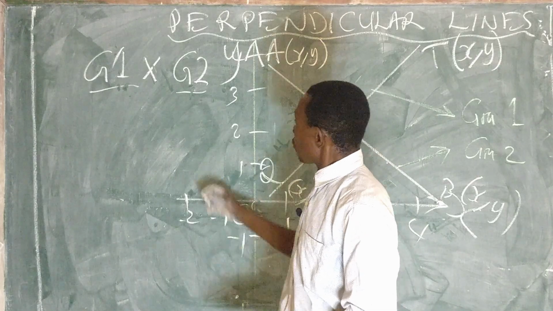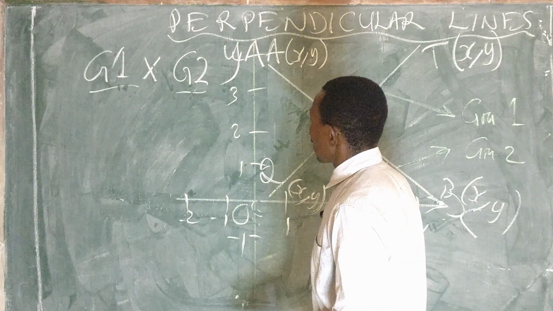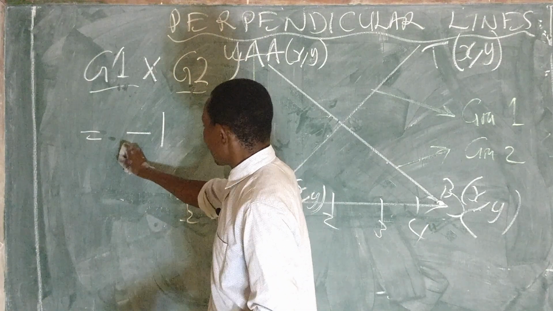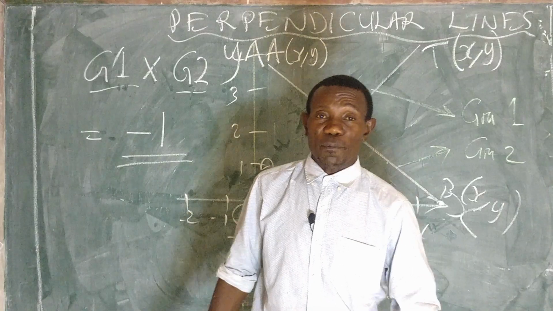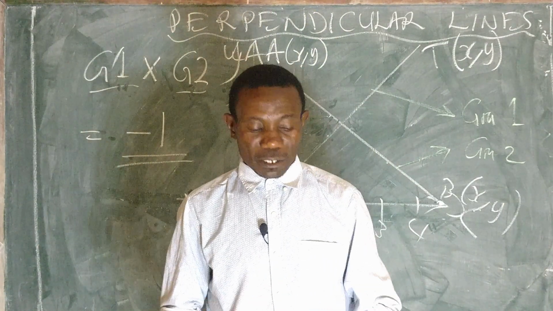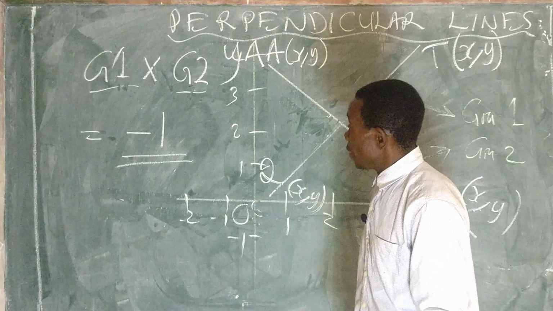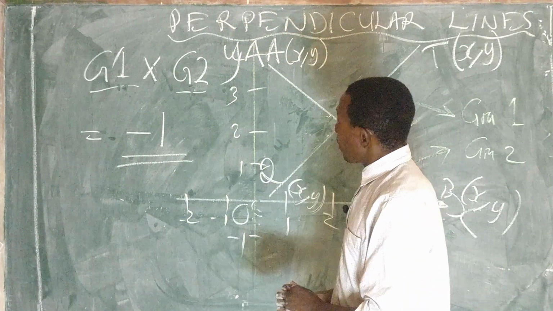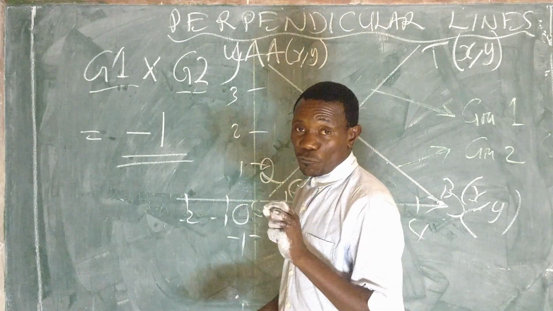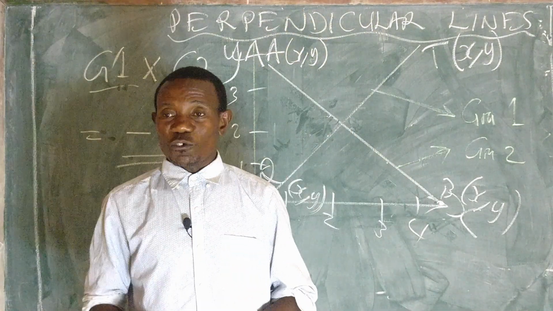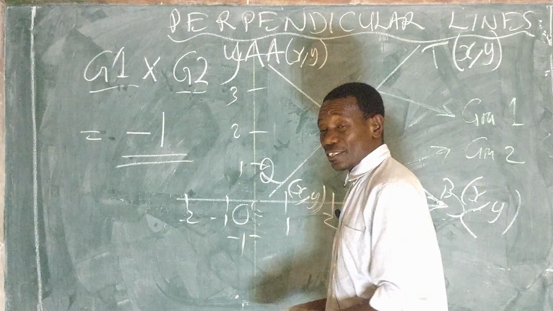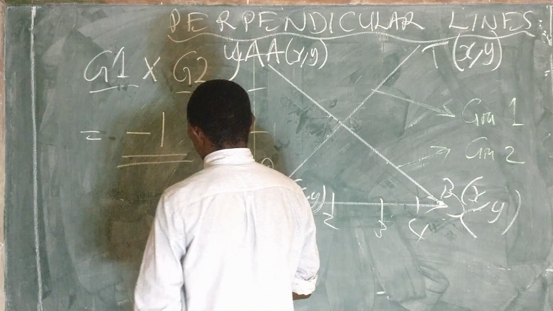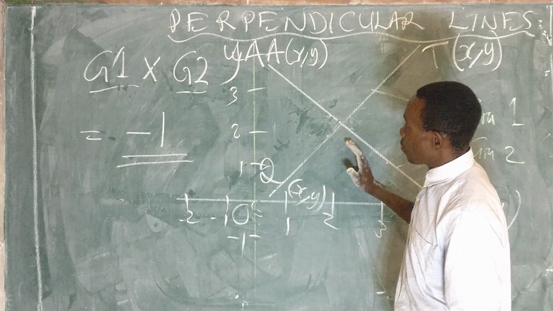When you multiply, you're always going to notice that the result is always -1. Meaning, if lines are perpendicular to each other, the product of their gradients is always -1. If the product does not turn out to be -1, then please know for sure that the lines are not perpendicular to each other.